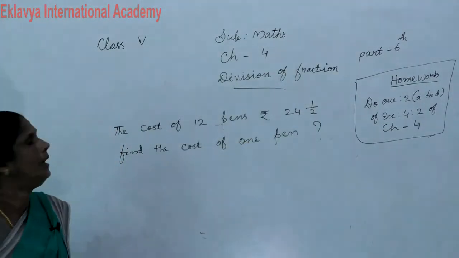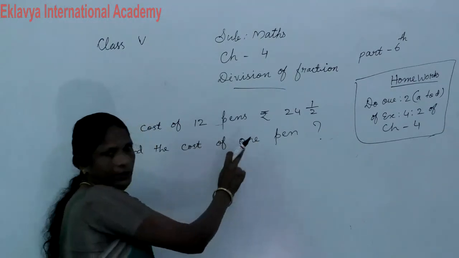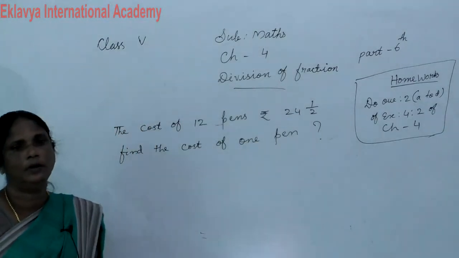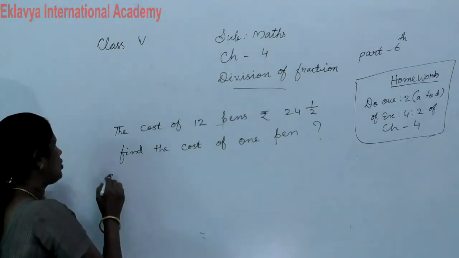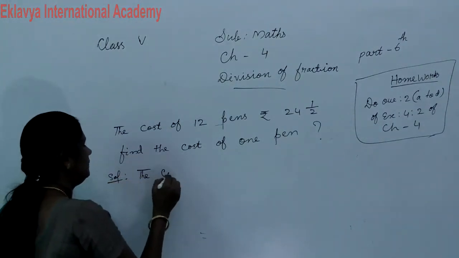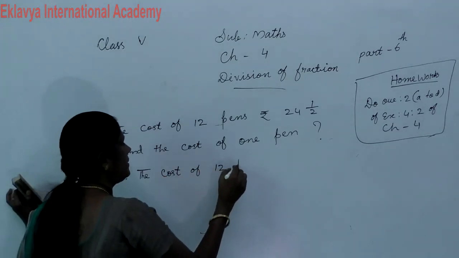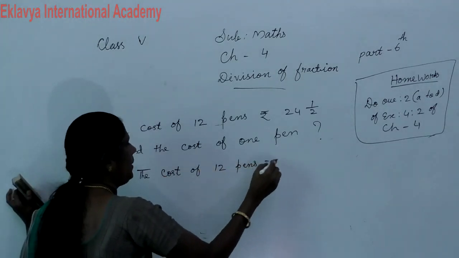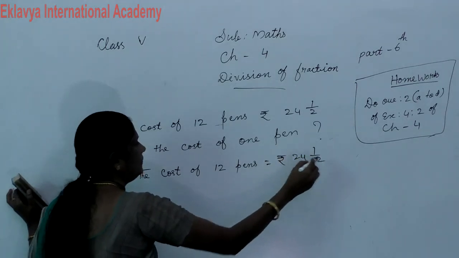First we read. What is given, what do we find? Divide. Okay, first statement, solution. The cost of 12 pens is rupees 24 1 by 2.